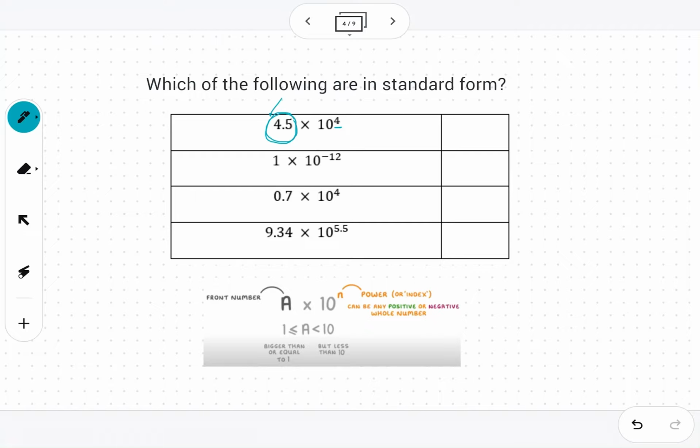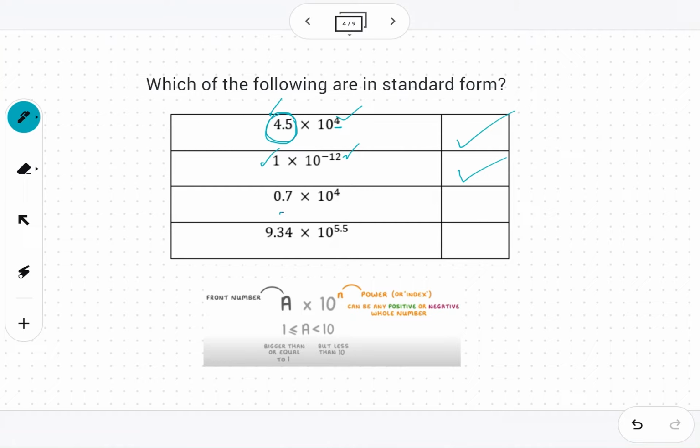It's a positive whole number, so this is okay. So yes, this is in standard form. Okay, how about this one? 1 times 10 power minus 12. This one is 1, so that's okay. And the n here is a negative whole number. That's also okay. So it is in standard form.